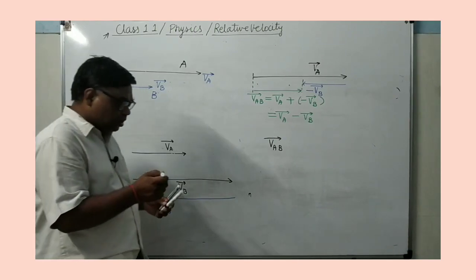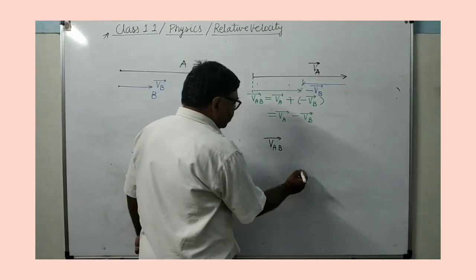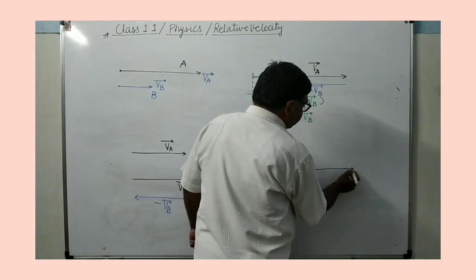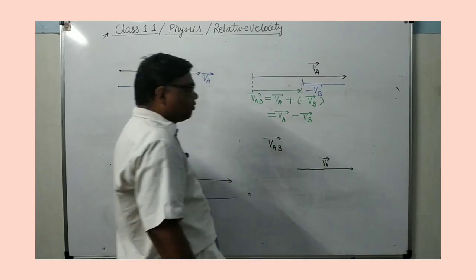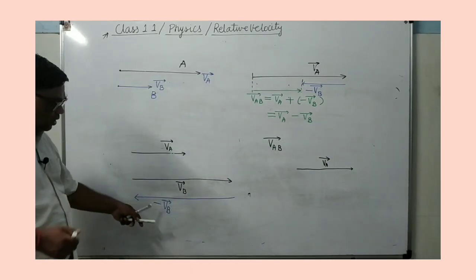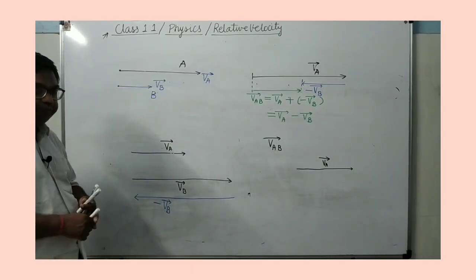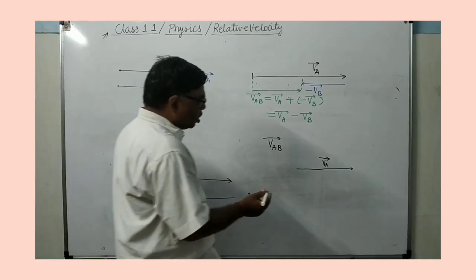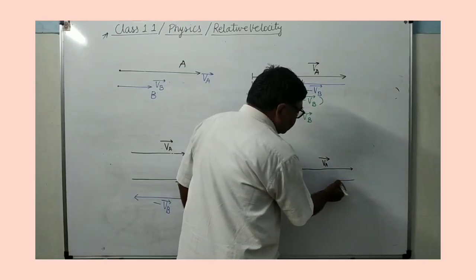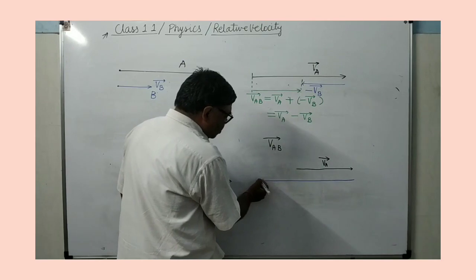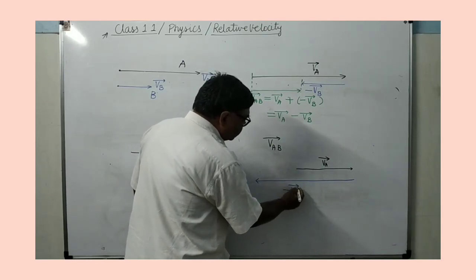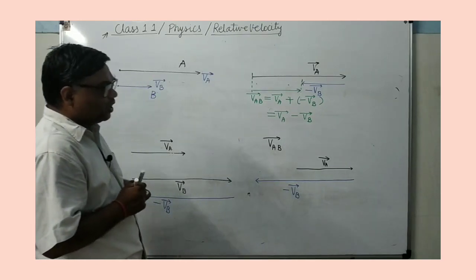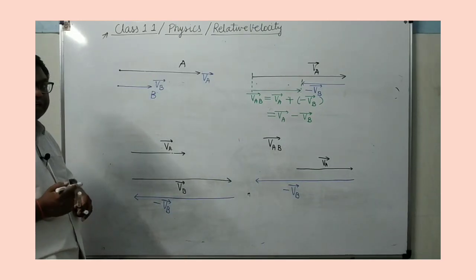How will you add? First you will draw the velocity vector of A. Then from the head of the velocity vector of A, you will draw negative vector B. This will be the negative vector B. So what will be the resultant of both the vectors?